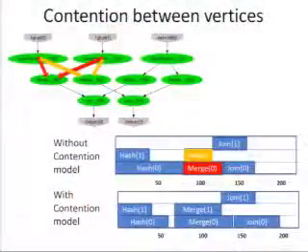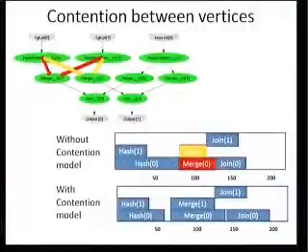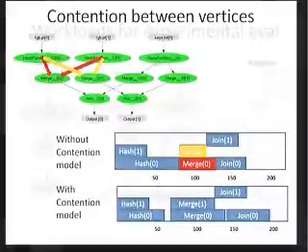But what you notice is that they're both reading their input from the same upstream disk, and so those two vertices will interfere with each other, and in practice they'll actually take a lot longer to run. So this is another thing that really has to be taken into consideration, and we do that, and that's fine.